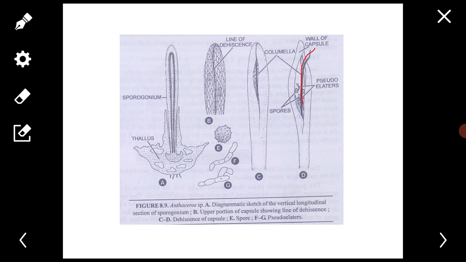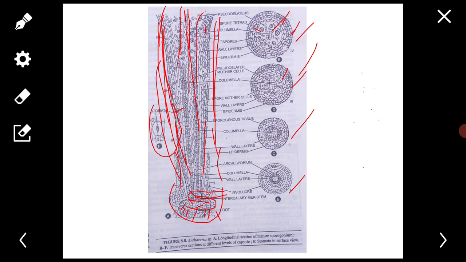Columella is four-celled at the base, and later on becomes 16-celled. Columella consists of narrow, vertically elongated cells, and the cells of the columella have uniformly thickened walls.